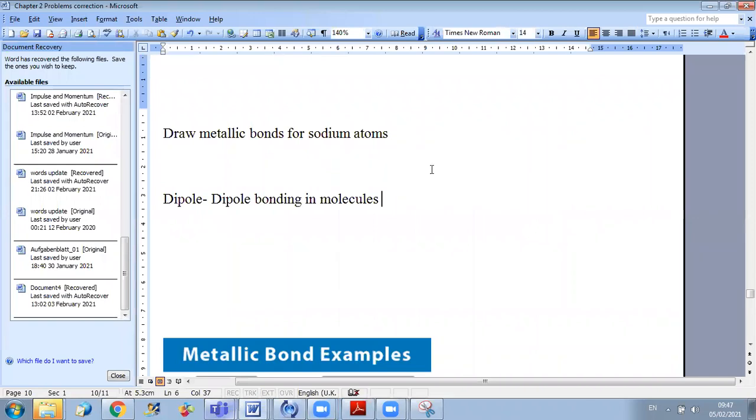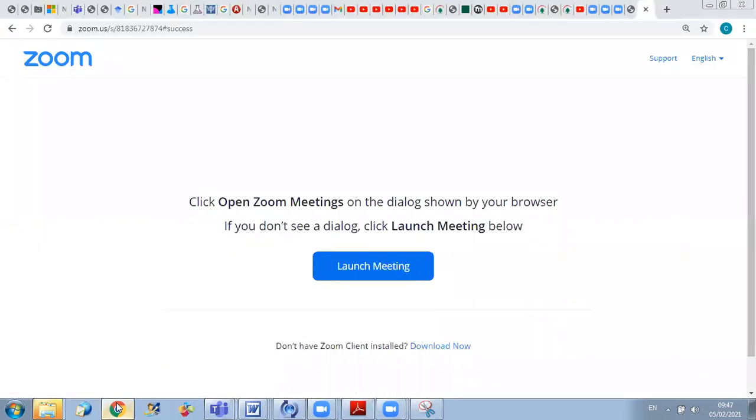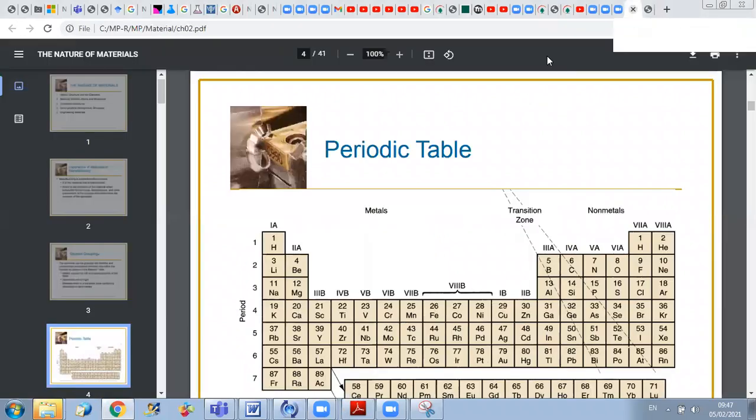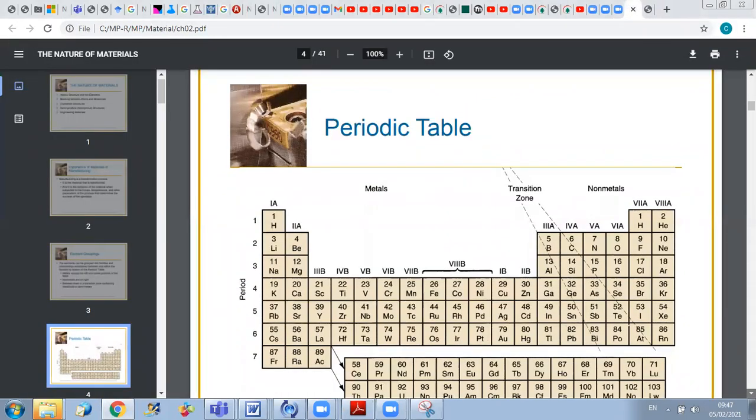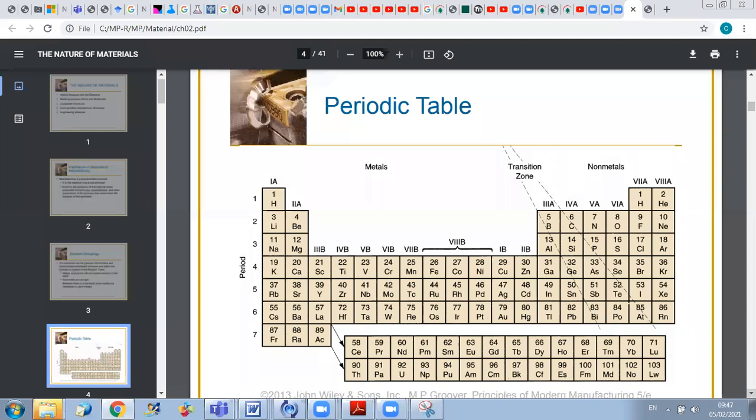Okay, so we were talking about the dipole-dipole interactions. If we look at the periodic table here, we can have dipole-dipole interactions between molecules where we have covalent bonds.